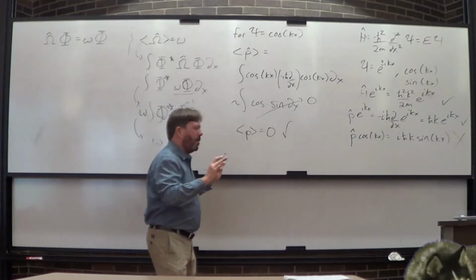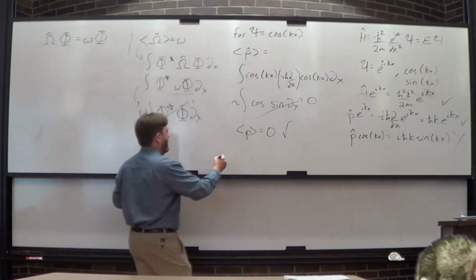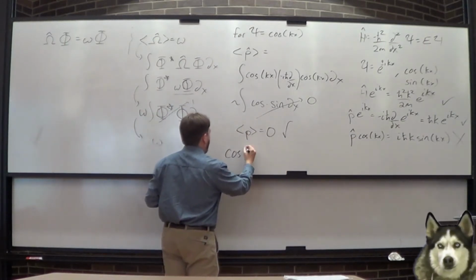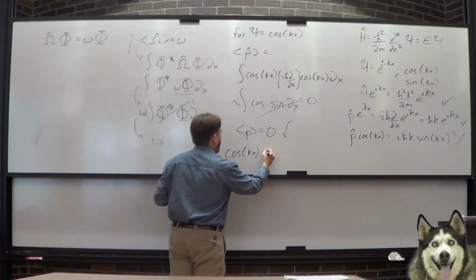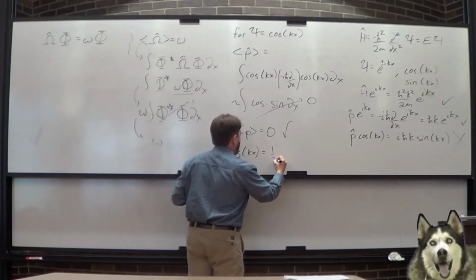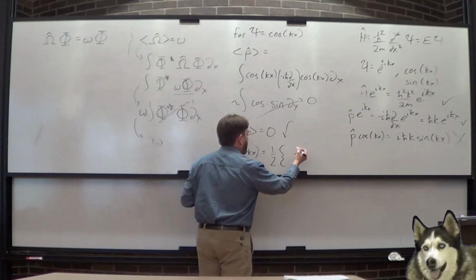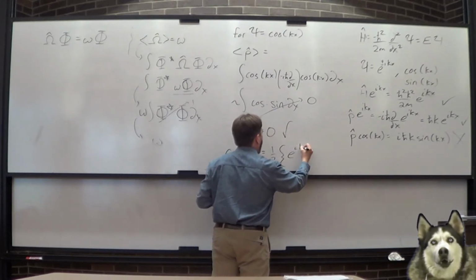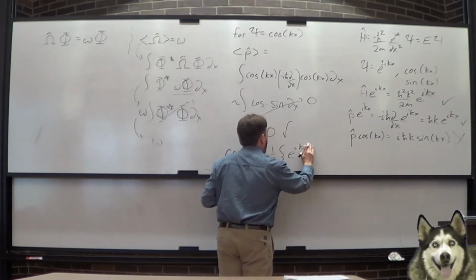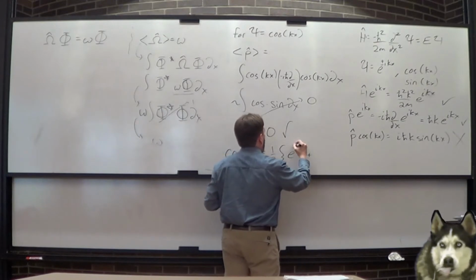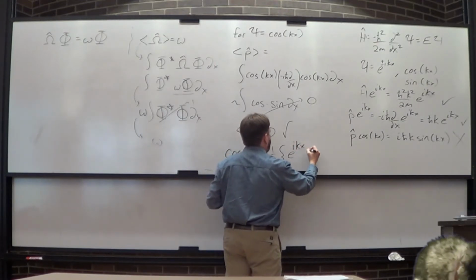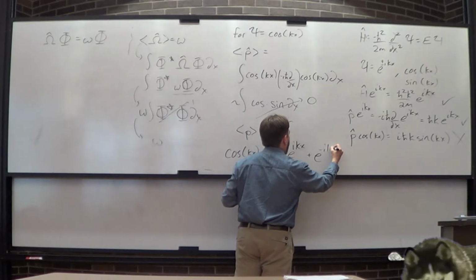Now, ultimately, the reason that this works, and I'm always fascinated with this, is that cosine is actually a linear combination of the two things that are okay with momentum: e to the ikx and e to the minus ikx.